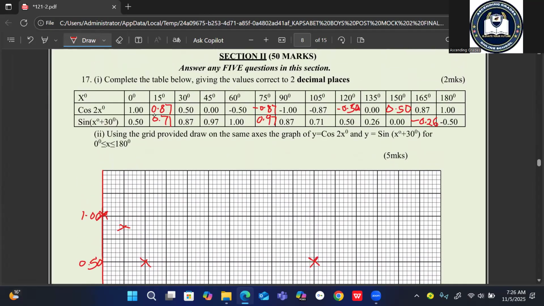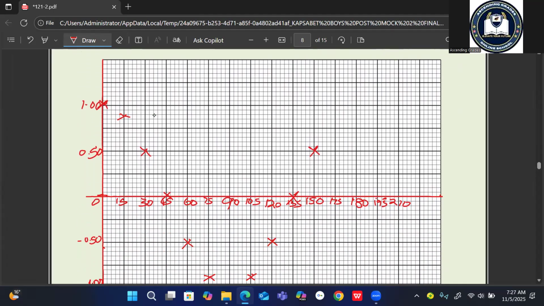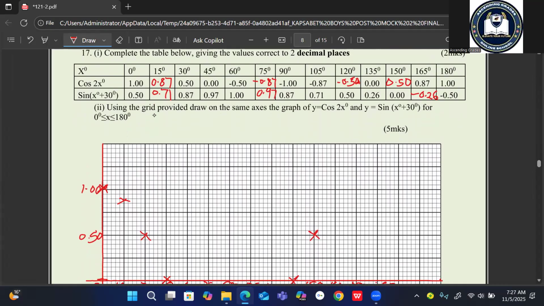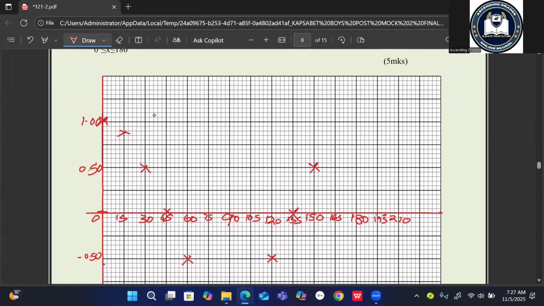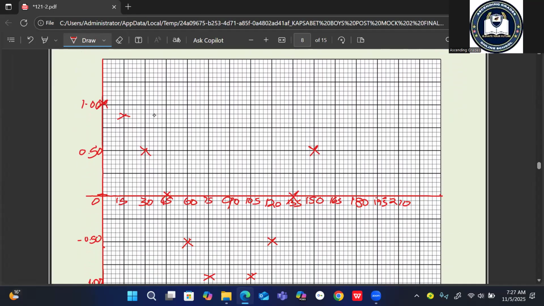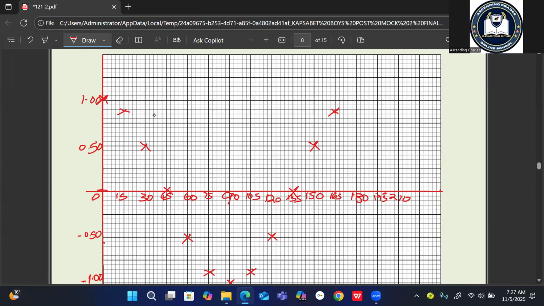Next one is 170, it is not 170, it's 165. So next one is 165, positive 0.87. So it is there. Next one is 180, then 1 is there.